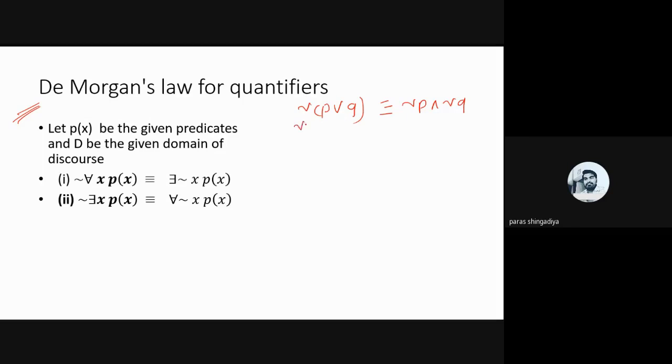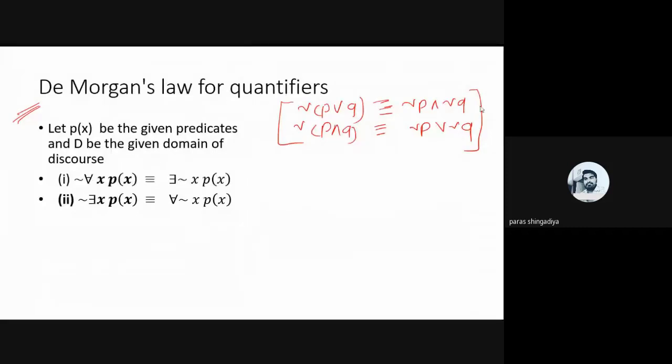And the second: negation of (P and Q) is logically equivalent to negation P or negation Q. We already proved this using the concept of logical equivalence. If both are tautologies, then we say they are logically equivalent, meaning a valid equivalence. So that is De Morgan's law for logic. We apply the logical operators, or, negation, and the logical equality condition, and then we can prove De Morgan's law for this case.